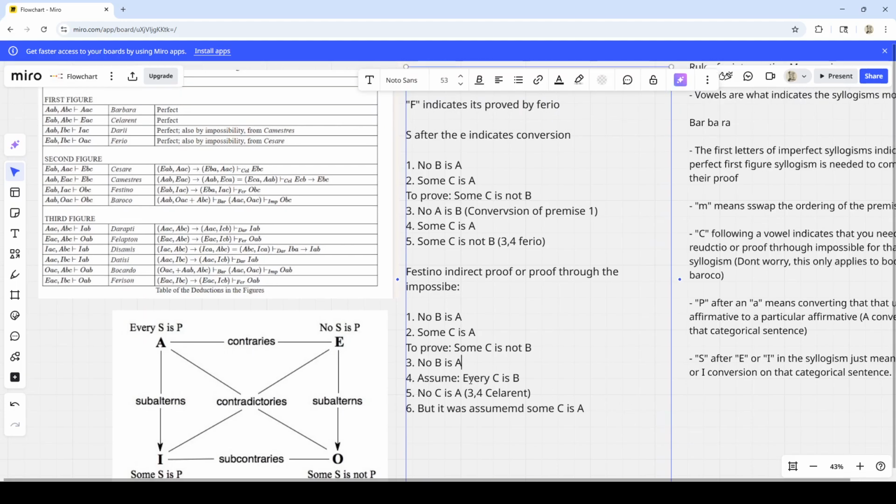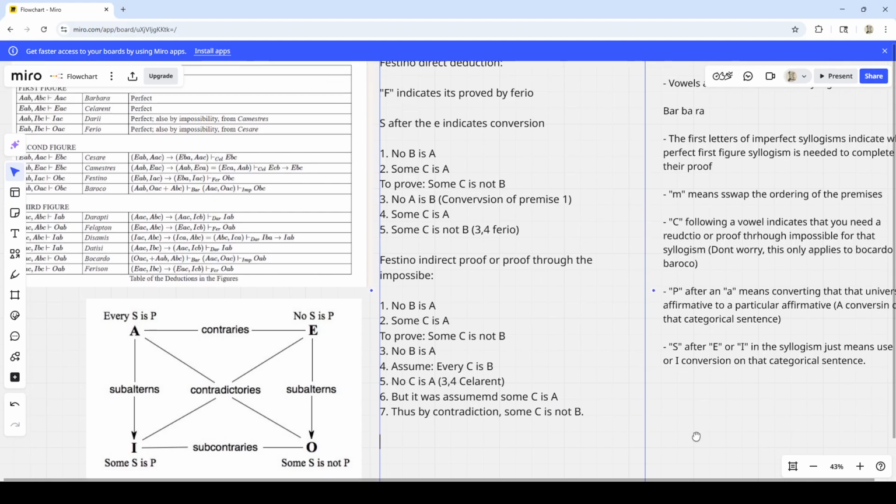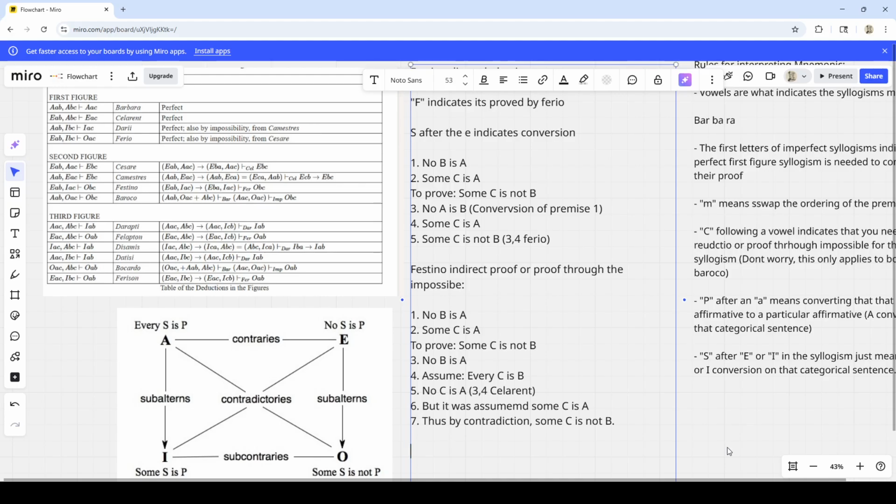And then we assume the negation of the conclusion, which is some C is not B. We assume that every C is B because A contradicts O. And so we can reason, therefore, that no C is A, but it was assumed that some C is A. So thus, by contradiction, we can indirectly prove that some C is not B. And that's how you basically do the proof through the impossible for Festino.